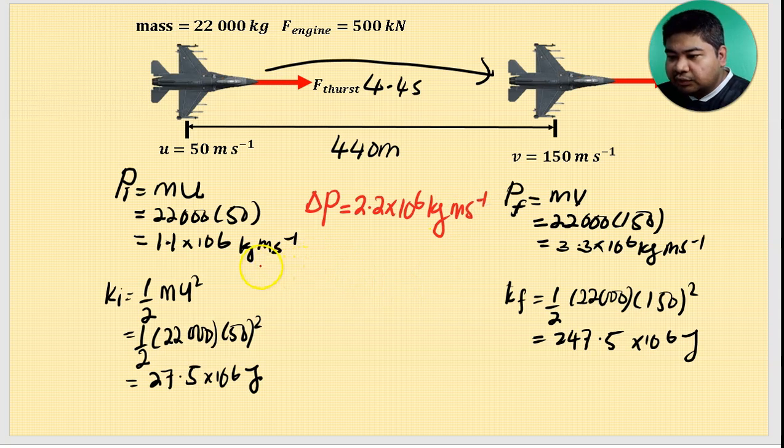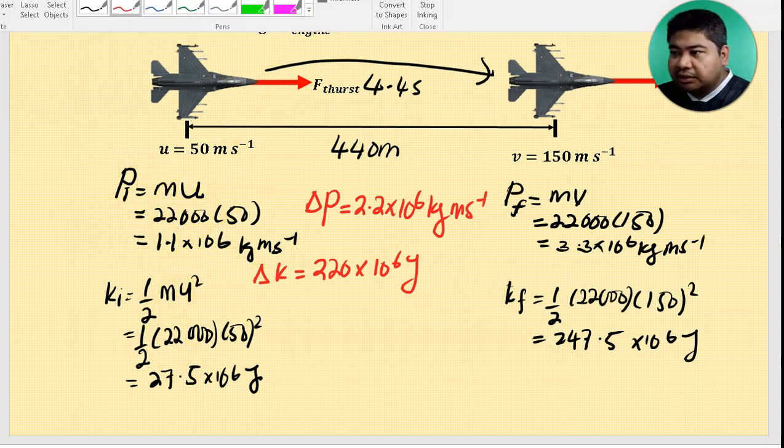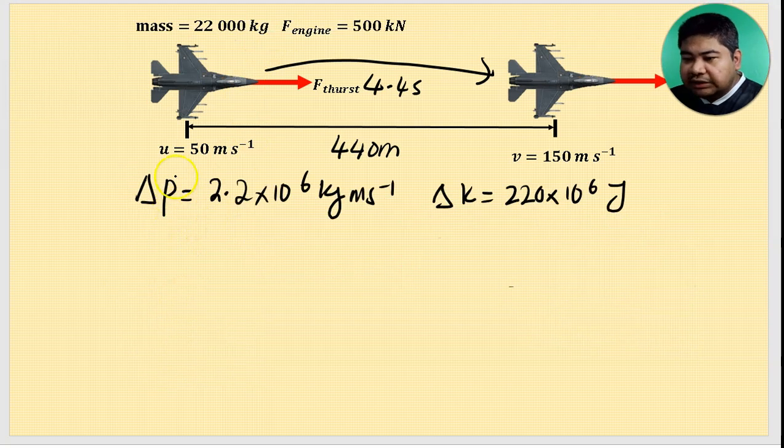And then if you calculate the change in the kinetic energy of the aircraft, 247.5 minus 27.5, you get 220 times 10 to the power of 6 joules. So now I think I'm going to clear out the calculation for the momentum and kinetic energy. We have calculated the change in the momentum of the aircraft and the change in the kinetic energy.